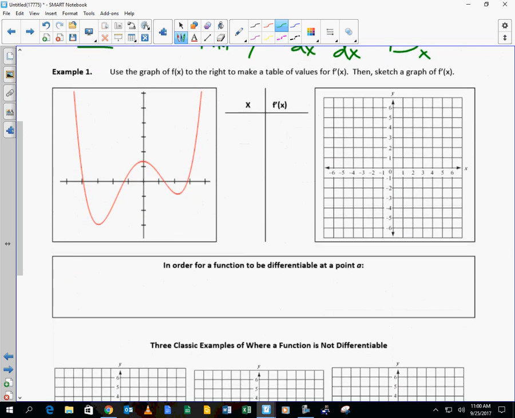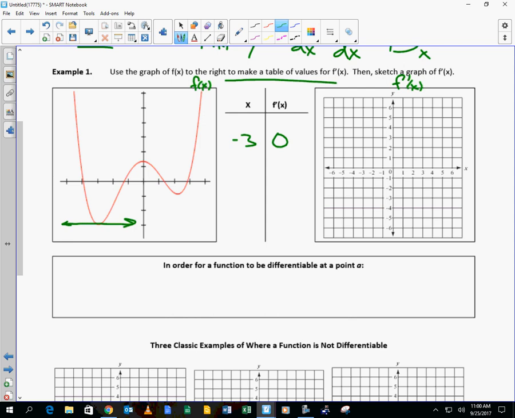So, use the graph of f of x to the left. We've got f of x right here, and we're going to put f prime of x over here, to make a table of values for f prime, then sketch the graph. So I'm going to look specifically where this graph has derivatives equal to 0. For x equals negative 3, the derivative is 0.